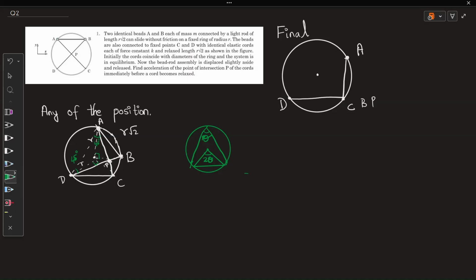If this is 45 and this is 45, this is of course 90 degrees, because in triangle ADP the sum of angles is 180. Similarly, this angle will also be 90 degrees because AC is a single chord, so this angle cannot be less than or greater than 180 degrees in total.